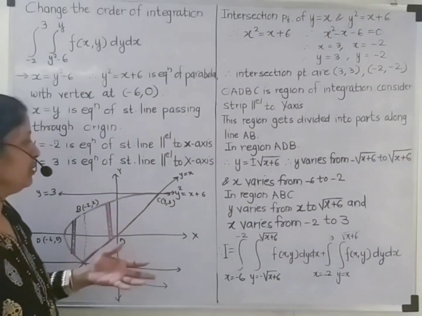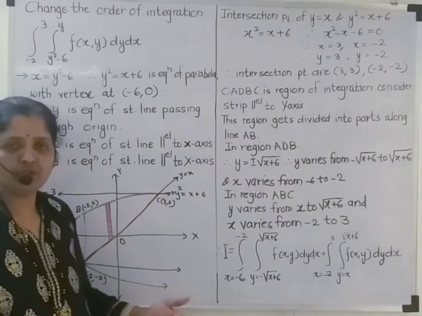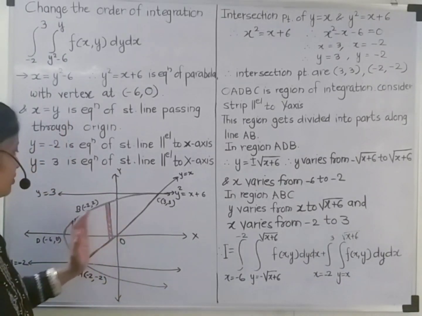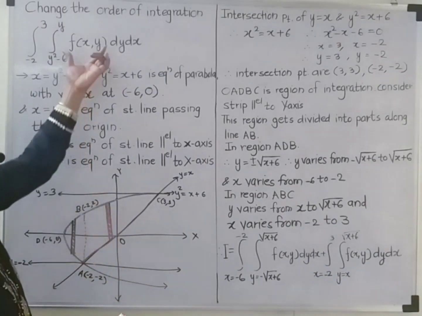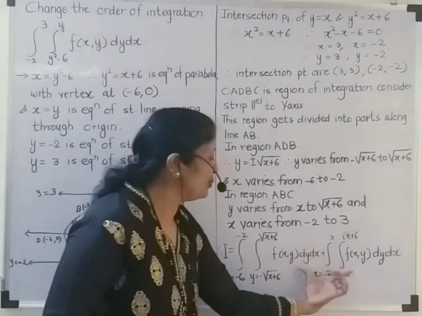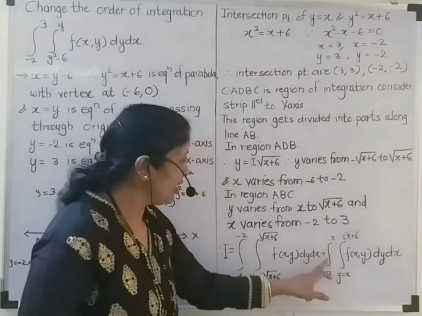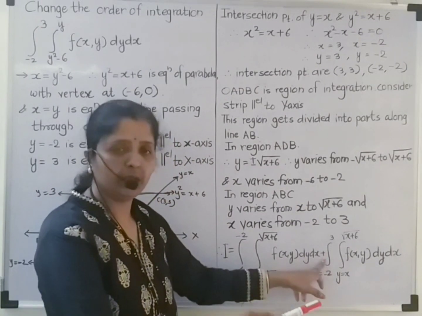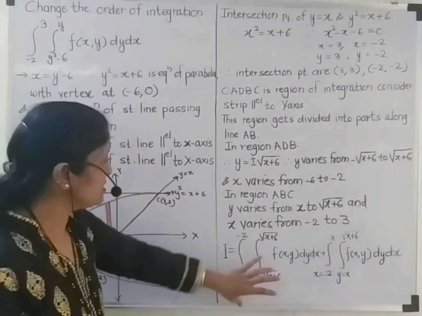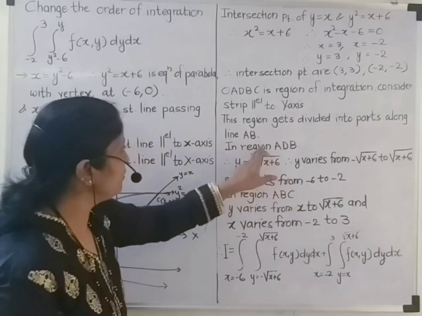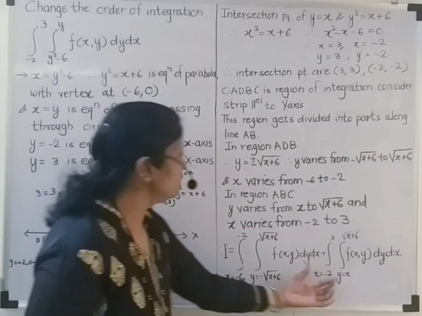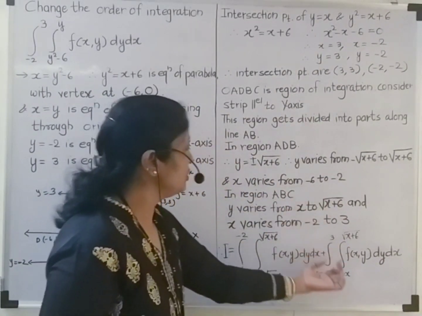Now to write down the integration by changing the order, since this region gets divided into two parts, this given integral gets split into two parts, and here we have to do the addition of both the integrals. So this is the integral in the first region ADB, and this integral is in the second region ABC.